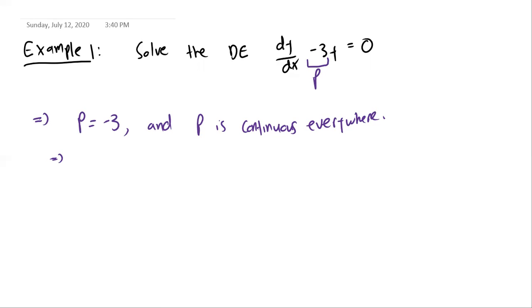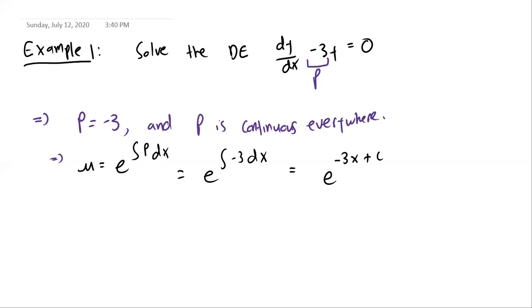Right? So our domain is usually the real numbers. Okay? So it implies we can find our integrating factor, which is going to be e to the integral of p dx, which for our purposes is e to the integral of -3 dx. Again, we integrate, so integral of -3 is -3x, so we get e to -3x plus a constant.